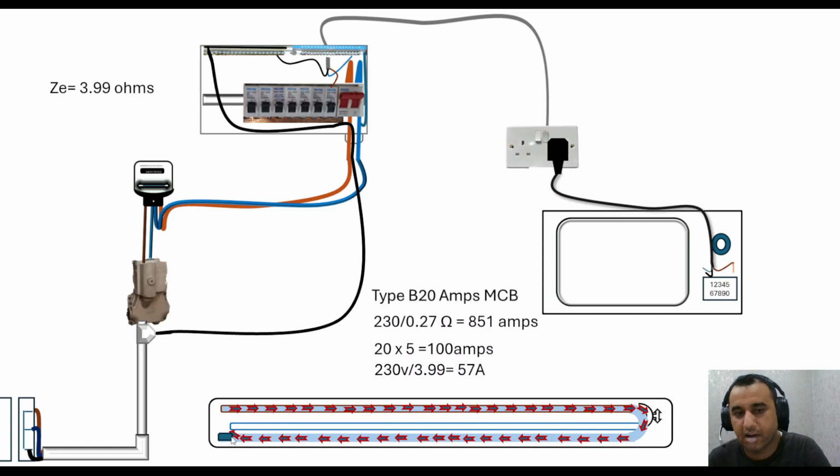It's got higher resistance, and if the resistance is higher, we can't achieve the 0.4 second disconnection time. That could be an issue. That means all the stress is going to be on this appliance cable, this cable, and the MCB. It's probably going to trip, but it will take time. It's going to take quite a long time to trip.